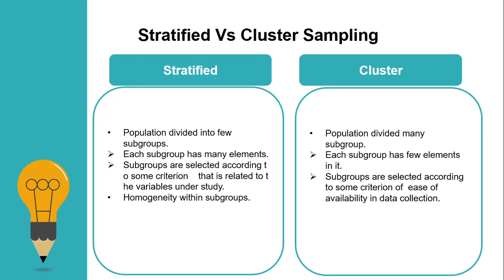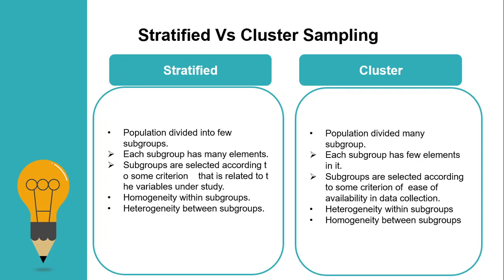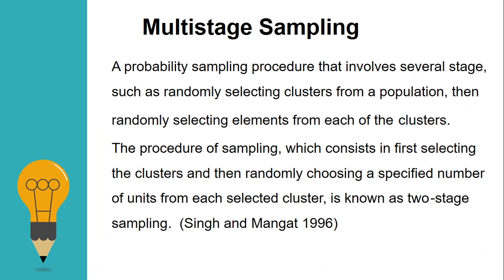In stratified sampling, there is homogeneity within subgroups, but in cluster sampling, heterogeneity within subgroups. In stratified, heterogeneity between subgroups, but in cluster, homogeneity between subgroups. In stratified sampling, choice of elements within each subgroup is available, but in cluster sampling, random choice of subgroups is available.